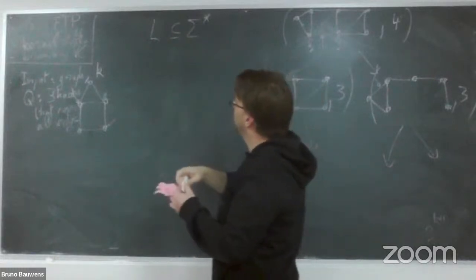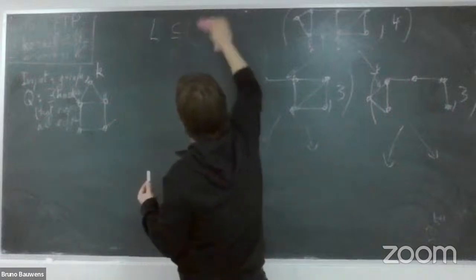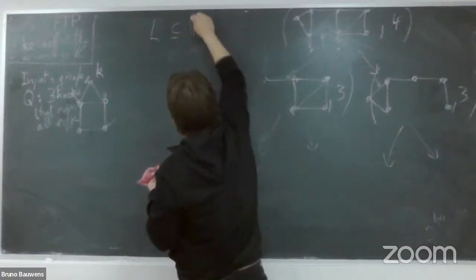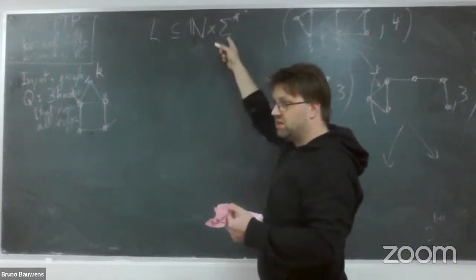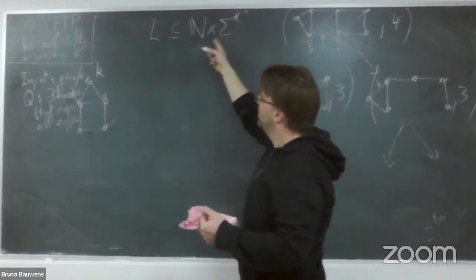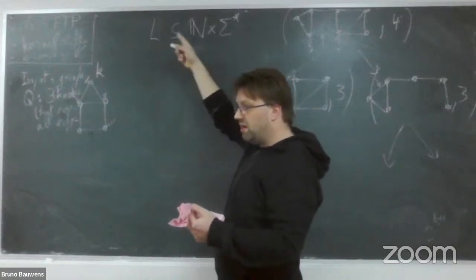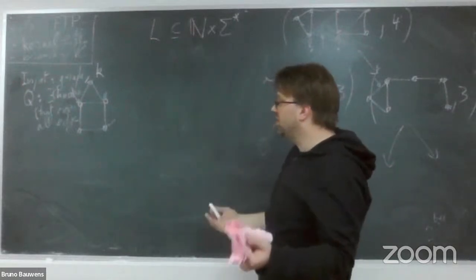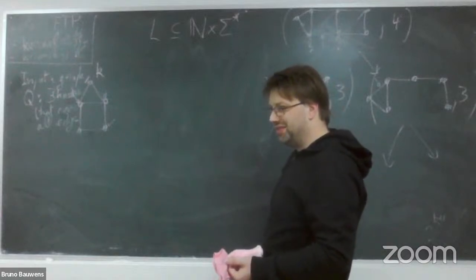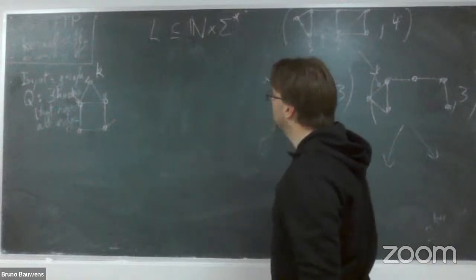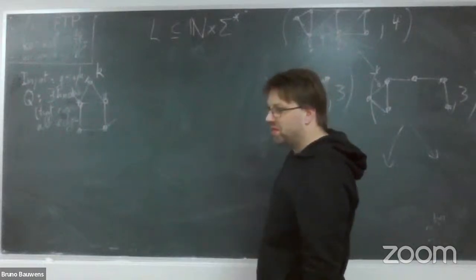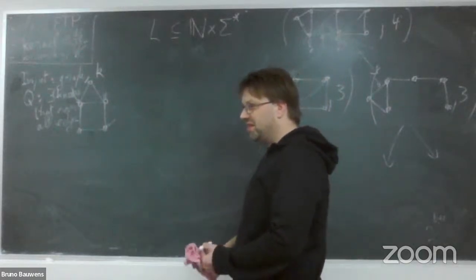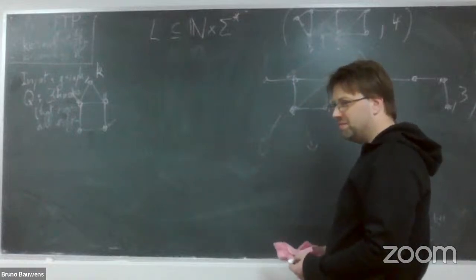Now a parameterized problem is a subset of pairs, where we have a natural number as the parameter, times sigma star. Usually it's not necessary to have real parameters, but we will see that the parameter is only used for some time bound, and then rounding doesn't matter.